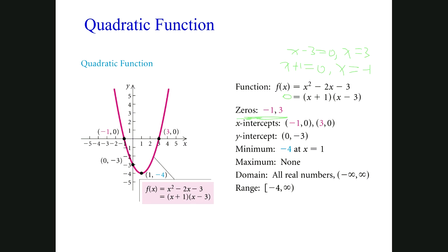That means the x value that makes y be 0. So x equal to -1 or 3, y will be 0. That's called the zeros point, and since y is 0, that's the x-intercept. Look at that. This is the x-intercept: (-1, 0) and (3, 0).